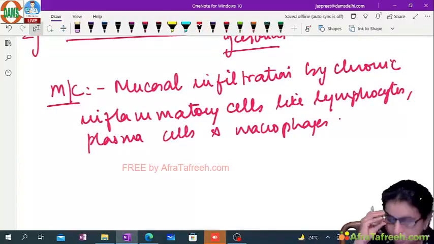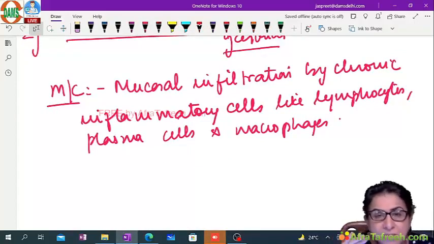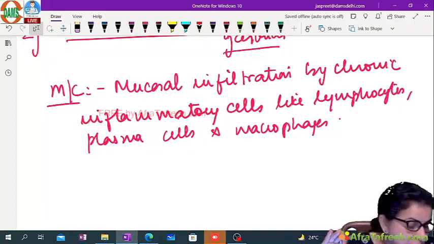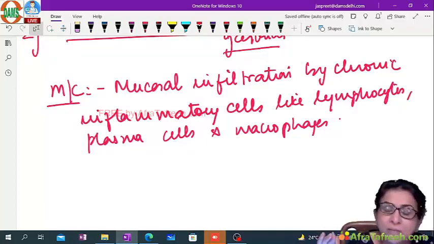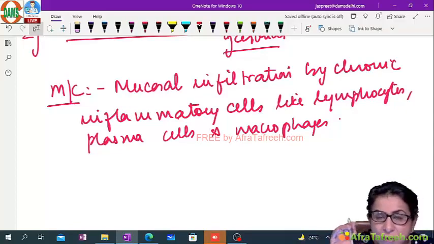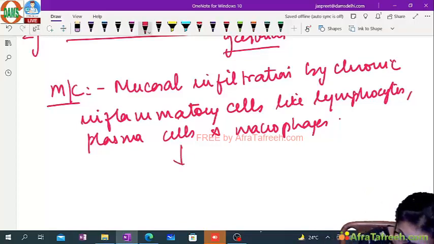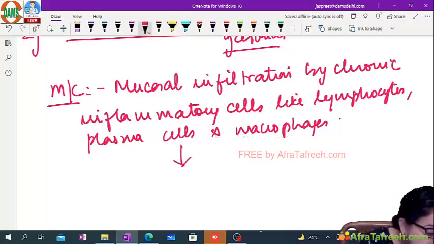This chronic inflammation causes damage. It causes atrophy of the mucosa. In the mucosa, you have the lamina propria, and in the lamina propria, you have the gastric glands. So all this inflammation causes atrophy of the mucosa.